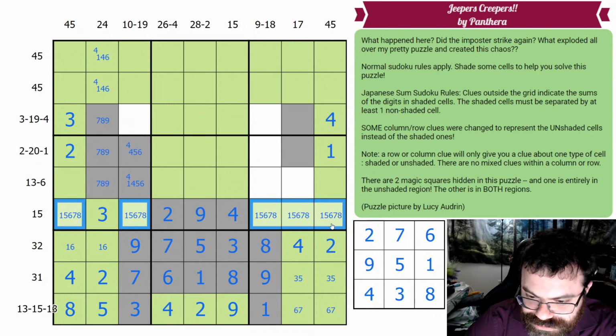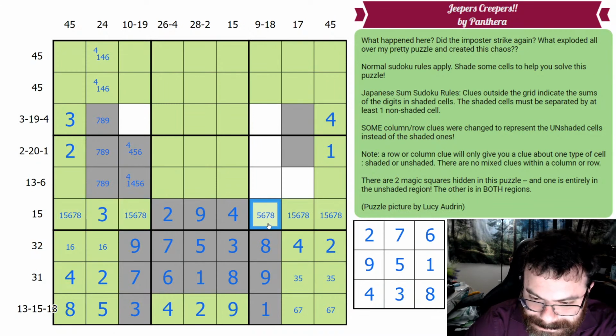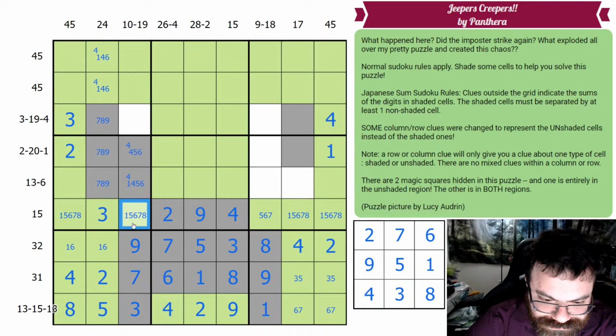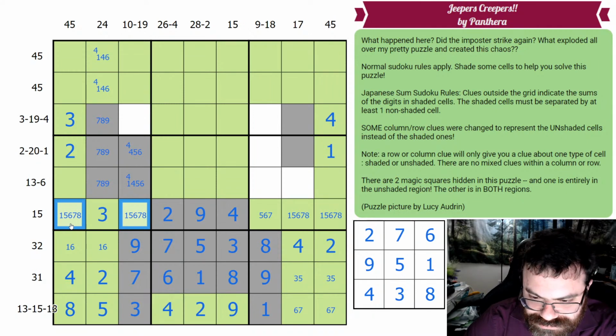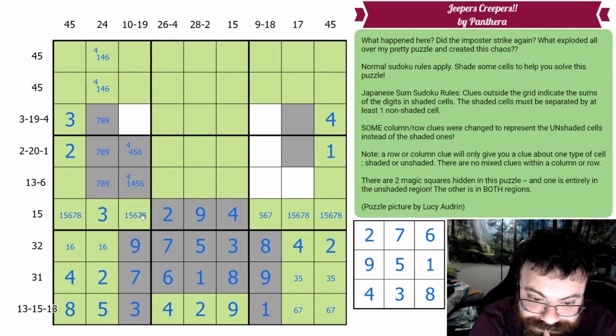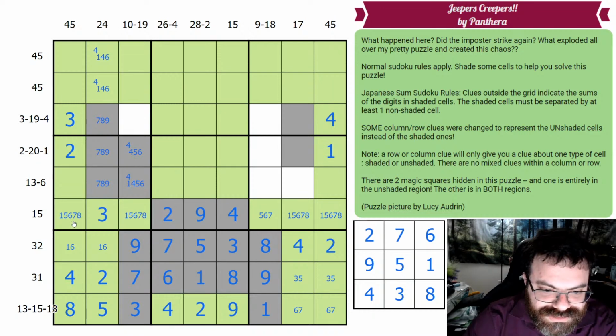Good lifting this board here. 1, 5, 6, 7. Okay, this is unhelpful. All right, I need to do something else. This isn't 8.